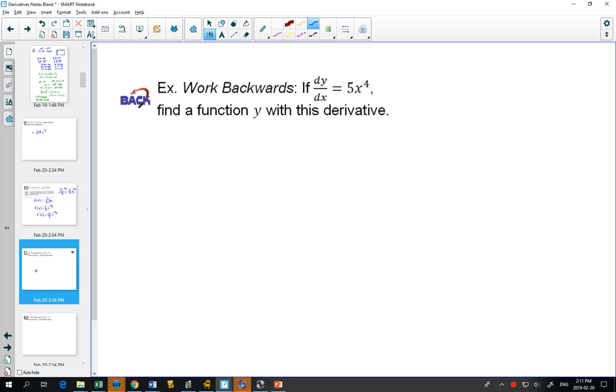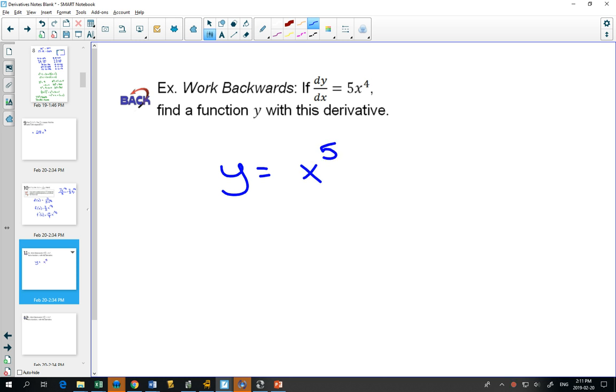Ooh, can you work backwards? If the derivative was 5x to the 4, what's a possibility to be the starting function? X to the 5th. Right?